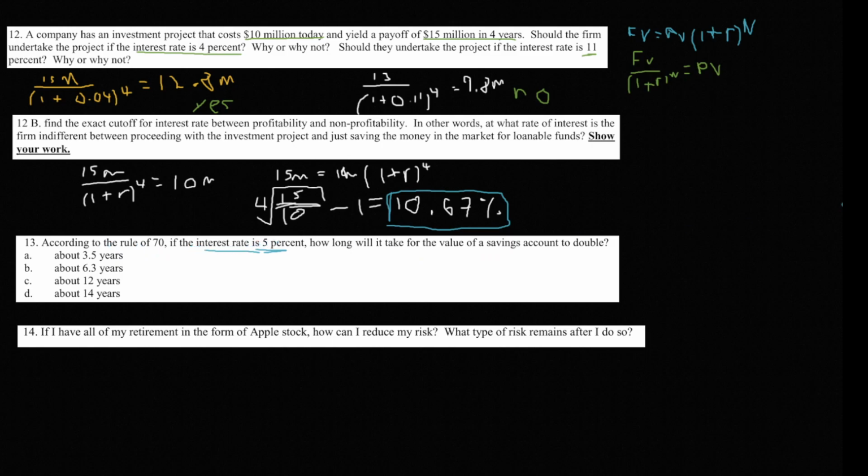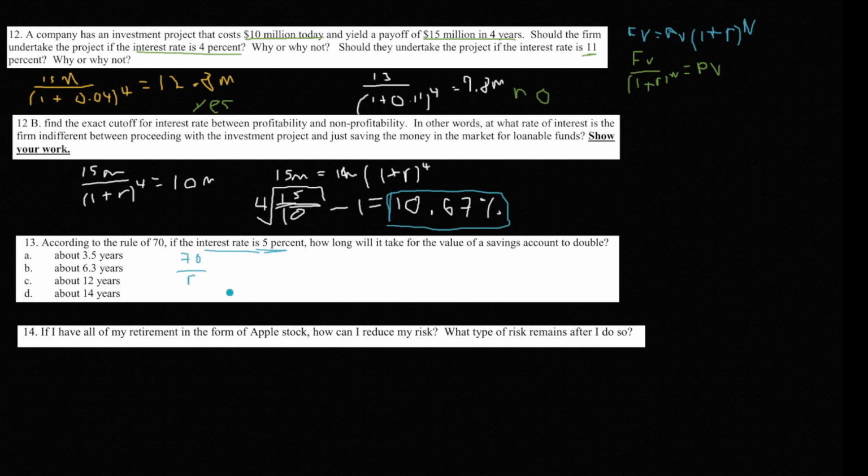So the rule of 70 states that some money will double at the interest rate. The rate is over 70. And it's not in percent, it's actually the number.